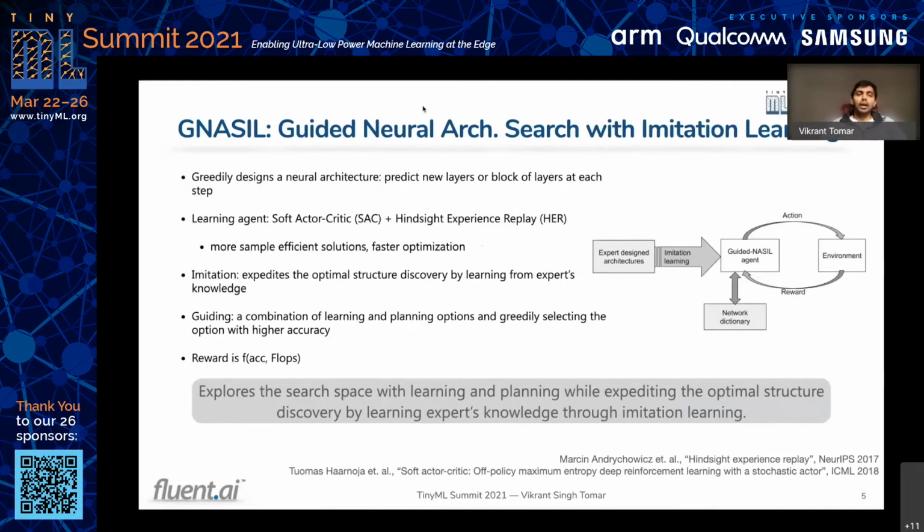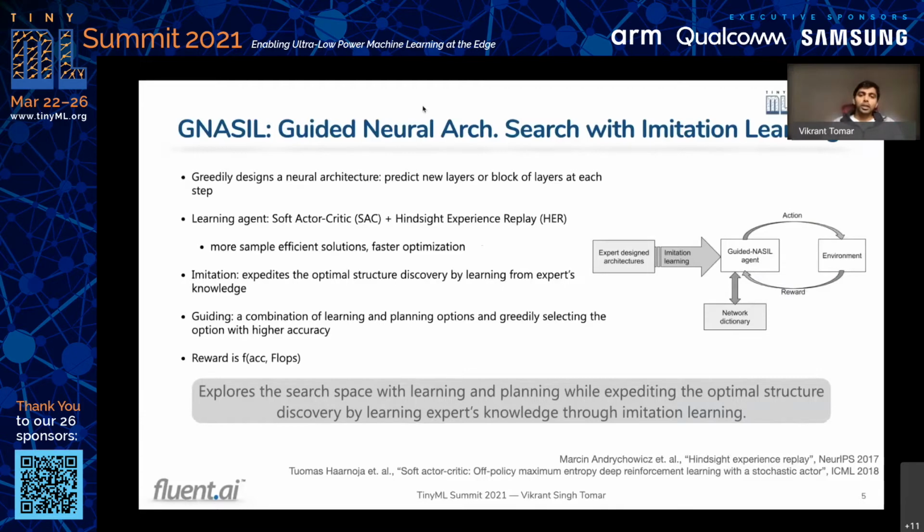With that, we designed GNASIL, guided neural architecture search with imitation learning. GNASIL is a method that greedily designs a new neural architecture layer by layer. It has an RL agent, which is soft actor critic combined with hindsight experience replay, that allows us to get more sample efficient solutions and faster optimizations.